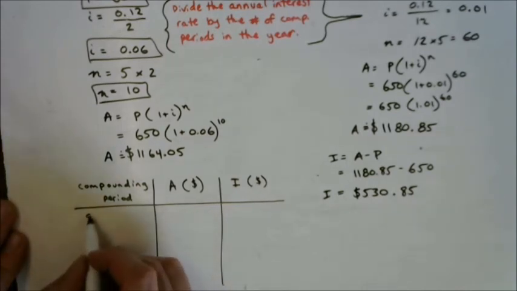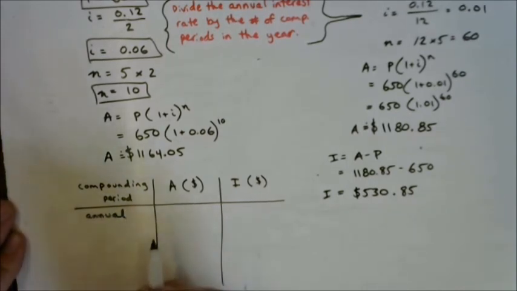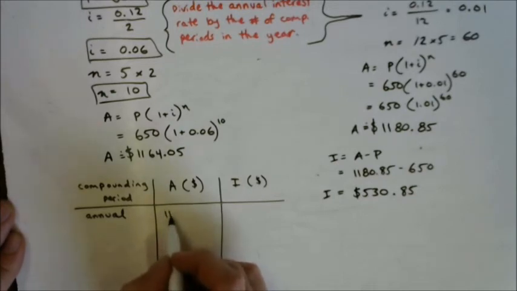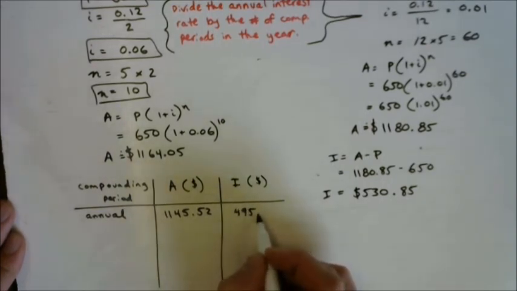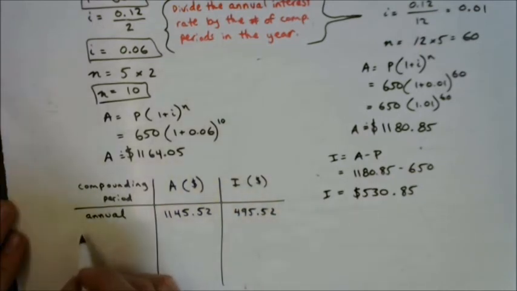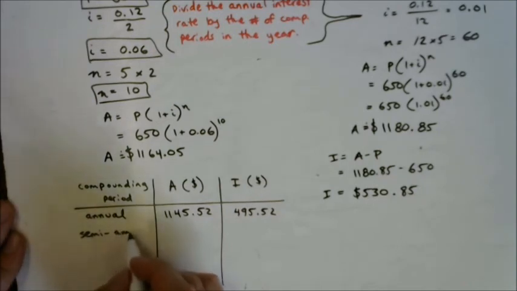If he compounds annually, we said the amount that he will owe is $1145.52, in which case he will pay $495.52 in interest.